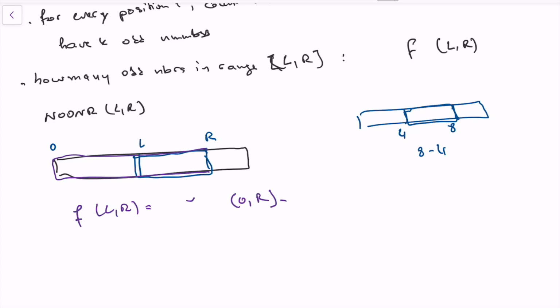So the number of odd numbers in the range L to R is the number of odd numbers from 0 to R minus the number of odd numbers from 0 to L minus 1, right? The same way with prefix sum.